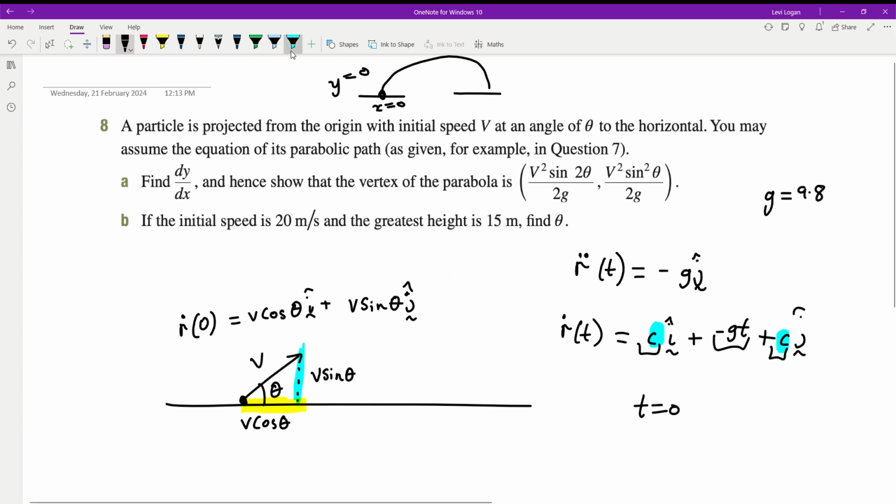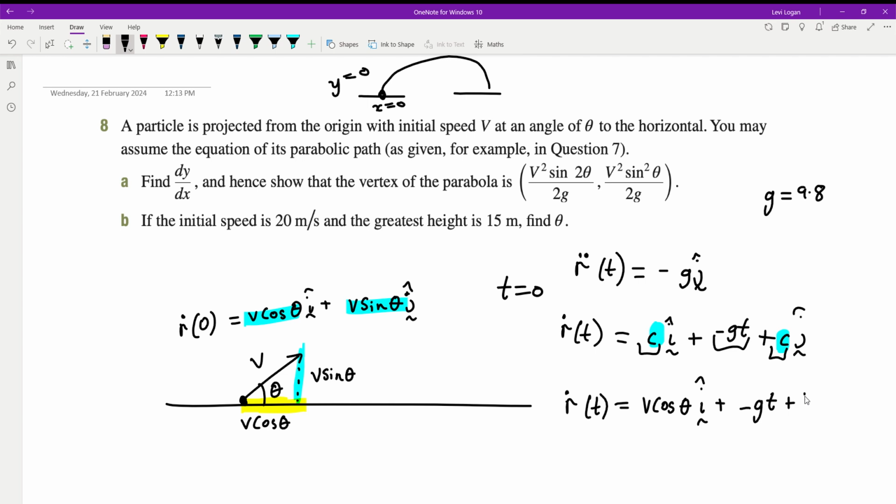So these c's, respectively, are these bits here, so you can plug those in straight away. So r dot of t is equal to v cos theta i hat plus minus gt plus v sine theta j hat.